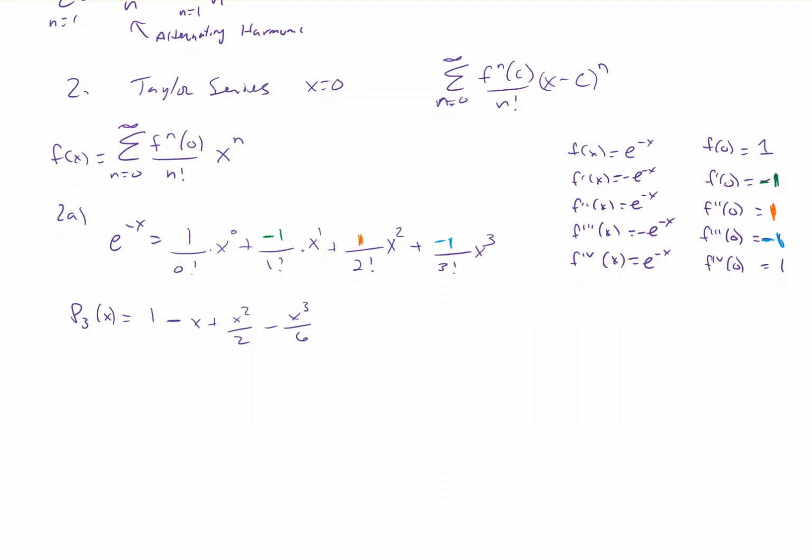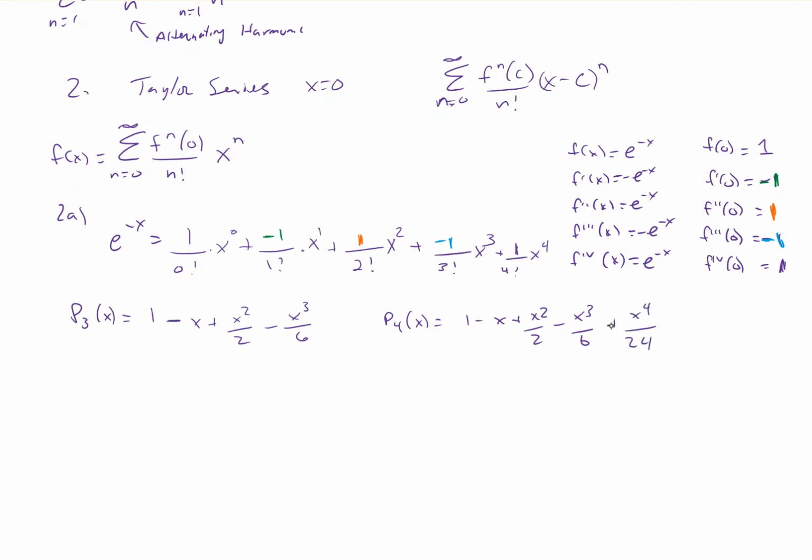To get the fourth degree polynomial, we'd have to get one more term in there, and they're asking for both. So we need all of this, and now we imagine what the next term would have been. It would be 4 factorial x to the 4th, and it would use this little 1 right here. So it's just x to the 4th over 24.